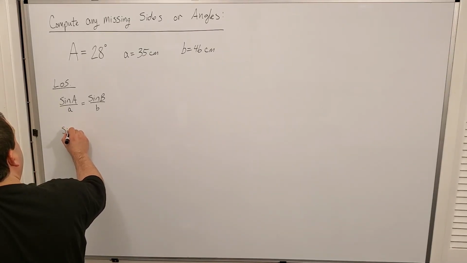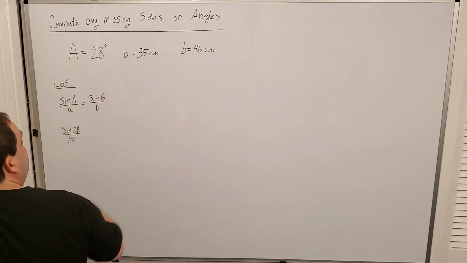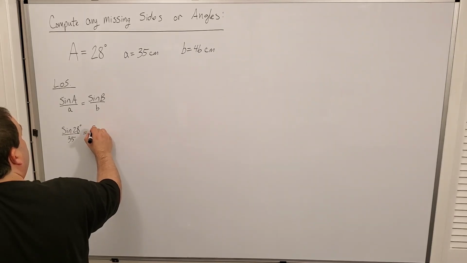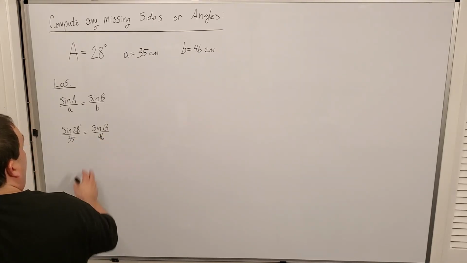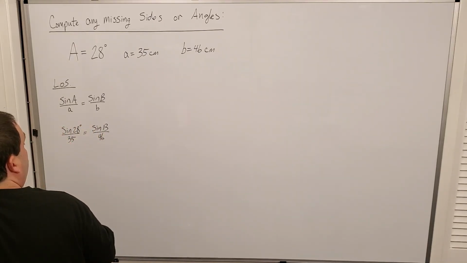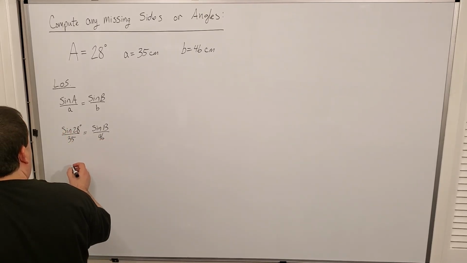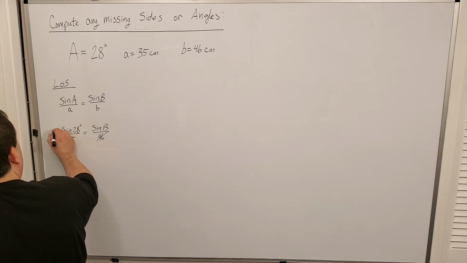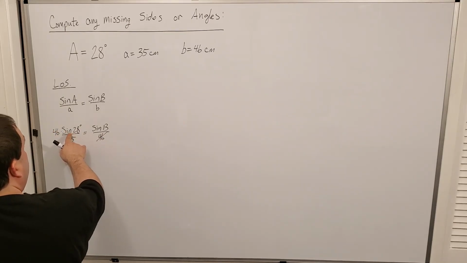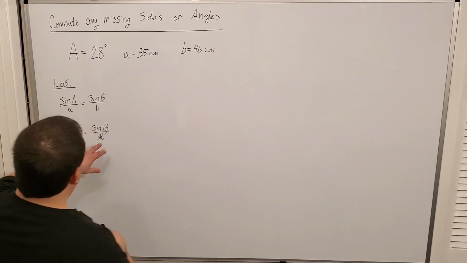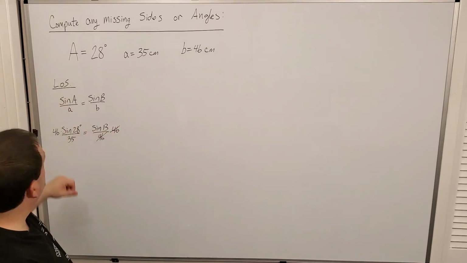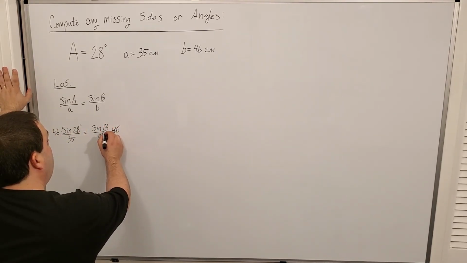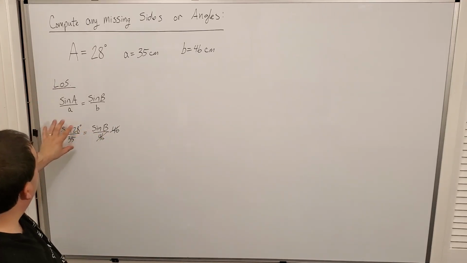And I'm going to have the sine of 28 degrees over 35, and I'll leave the units until after, equal to the sine of B over 46, which of course from here I can solve for the sine of B and say that it's 46 times the sine of 28 degrees over 35. Of course, I did this by multiplying by 46 on both sides, and it gets rid of that. So I have the sine of B here is equal to this calculation.